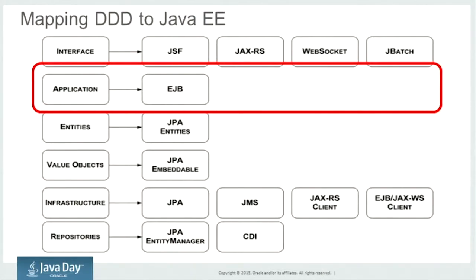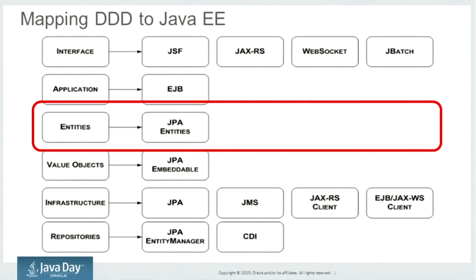So that is a perfect place to apply things like monitoring, transactions, security, pooling, thread safety, and the like. Well, guess what? EJB gives you all of those services out of the box. So it's a very, very clean mapping between application components and EJBs. And again, you will see what I mean when you actually take a look at the code, why it's a very elegant fit.